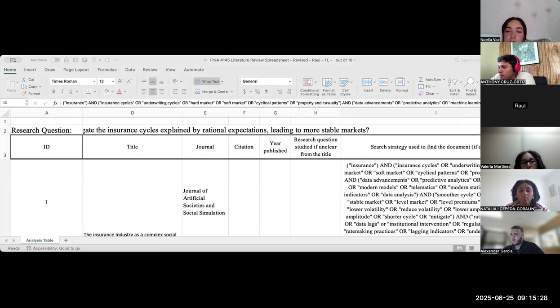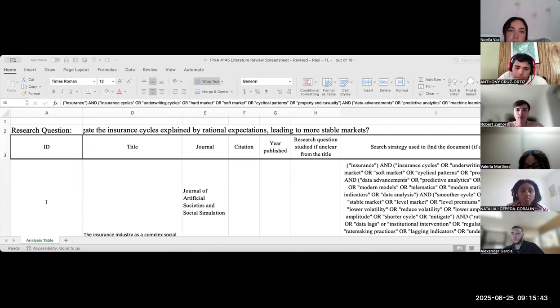So the first thing, to find papers, use a complete search strategy as described in class.